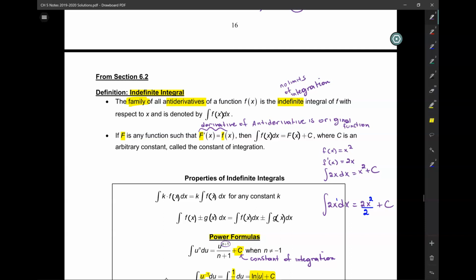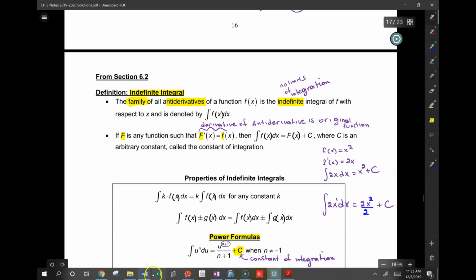So now, when I integrate little f, I get capital F, because the derivative of capital F was little f. That's where this comes from. But plus c. So, let's talk about that plus c for a minute.